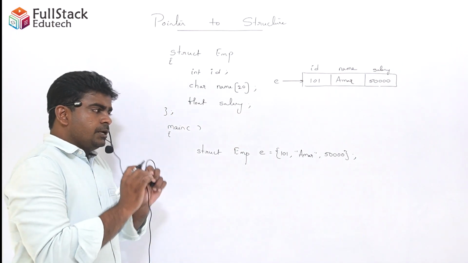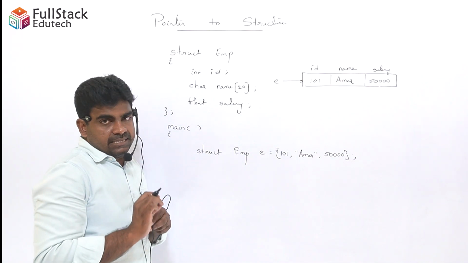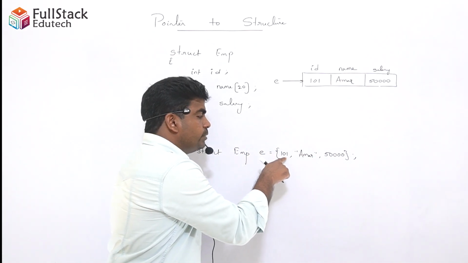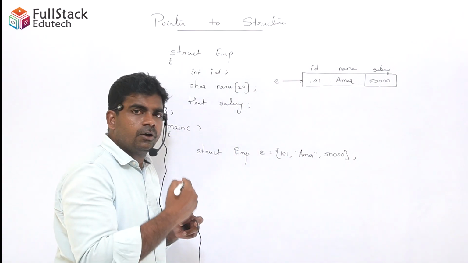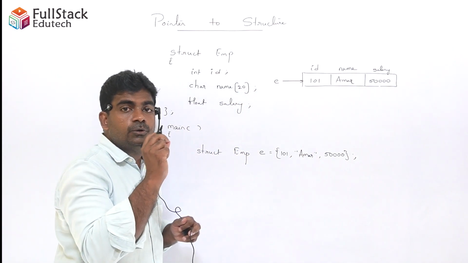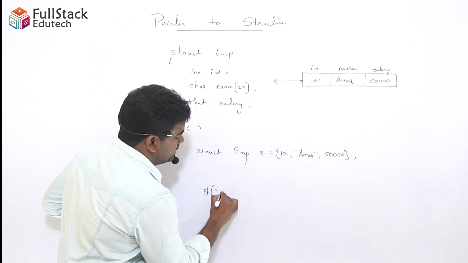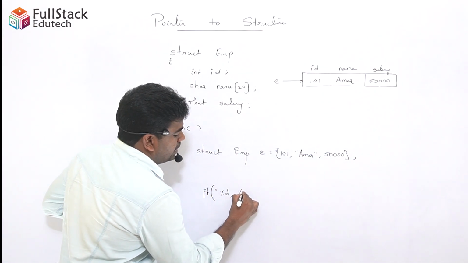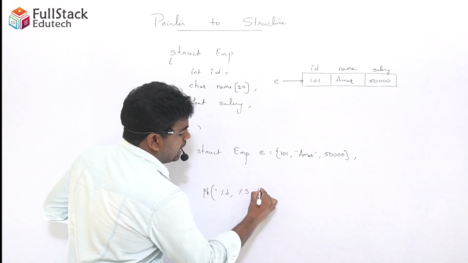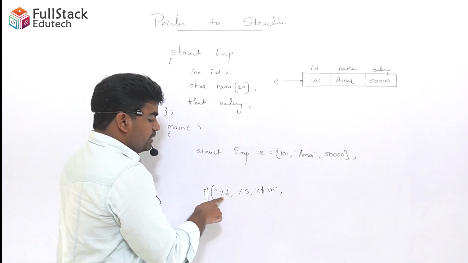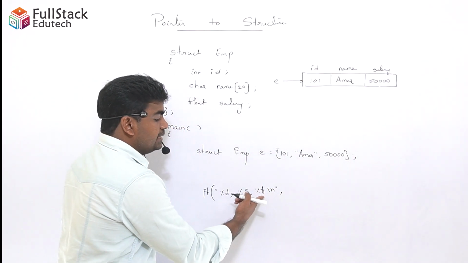Now, normally, how can we access? If you want to display, read or print, we use the dot operator. Printf, %d, comma, %s, comma, %f. One is for ID, name and salary.